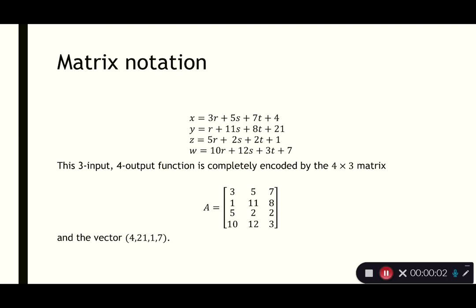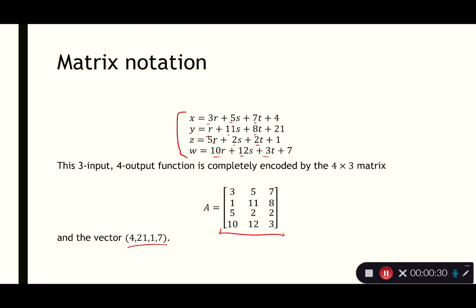So next what we're going to do is use matrix notation to express this type of linear function that we see up top using less writing. The complete information we need to reconstruct this linear function is encoded by this matrix that has all the numbers that go in front of the variables, like so.